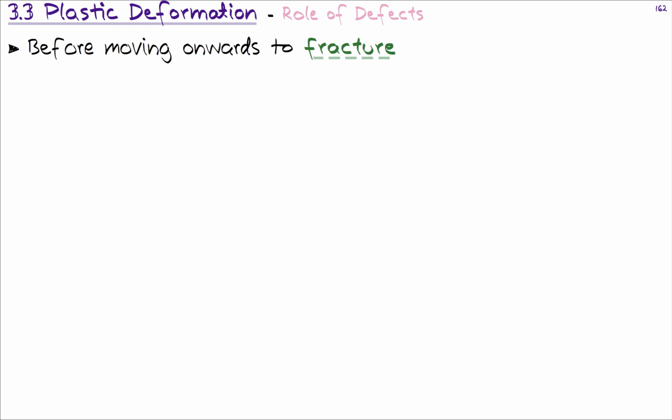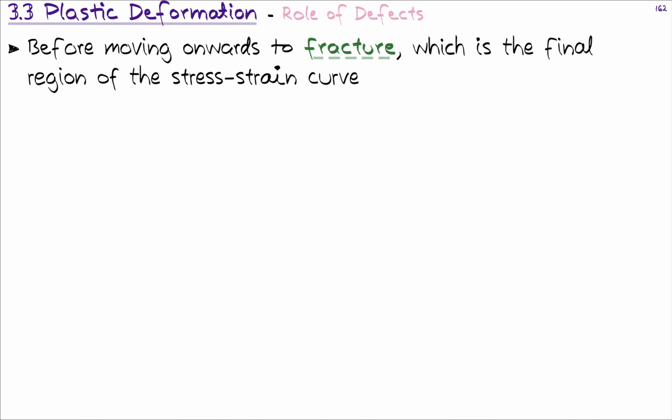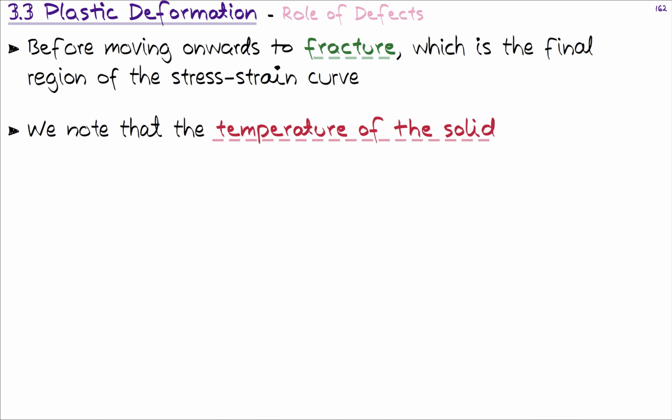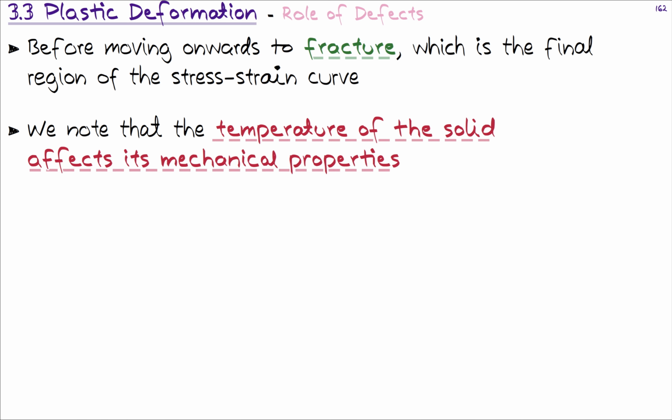What happens when the material breaks down is the final region in the stress strain curve we encountered in the previous lectures. I want to first note that it's the temperature of the solid that really affects its mechanical properties.